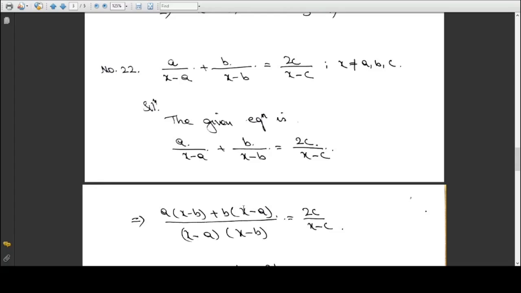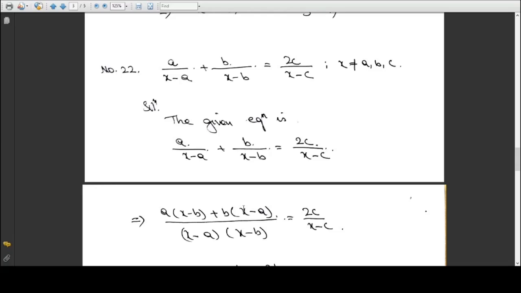Once you know the method of how to proceed, you follow the same method and you will get the answer. For the last two problems that we have just solved, we see that the procedure for solving them is the same.